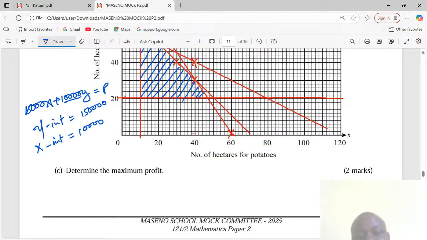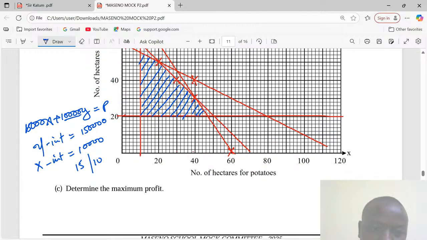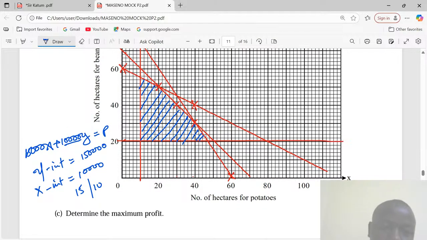So we can simplify to get a realistic value depending on our scale. This can even be narrowed down to 15 and 10. We plot 15 and 10.